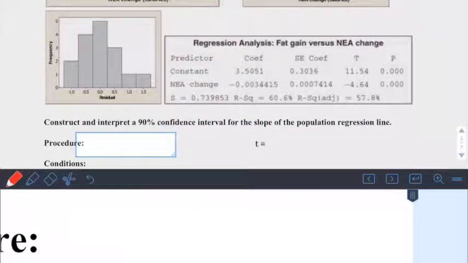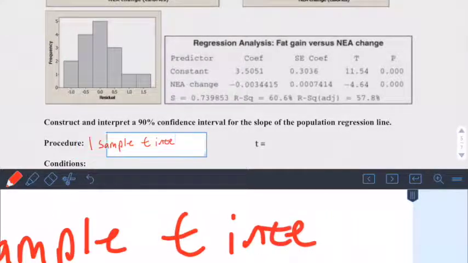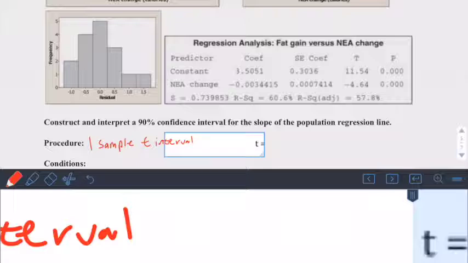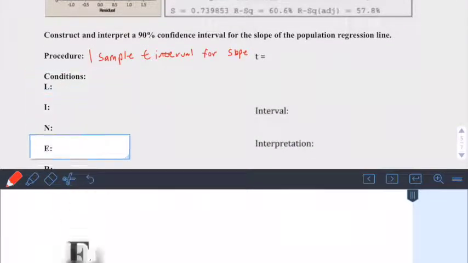So we're going to do a one sample t interval for slope. Okay, our conditions: we have the linear condition.